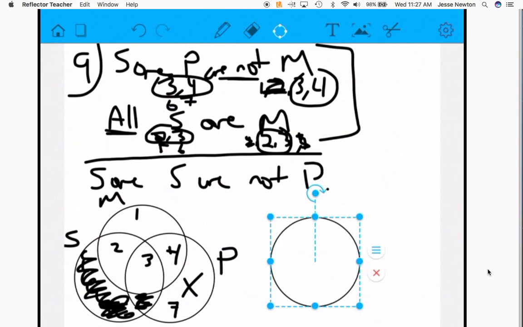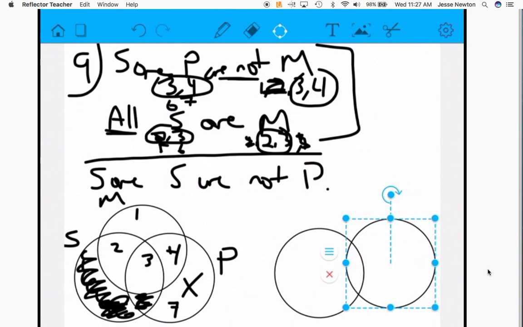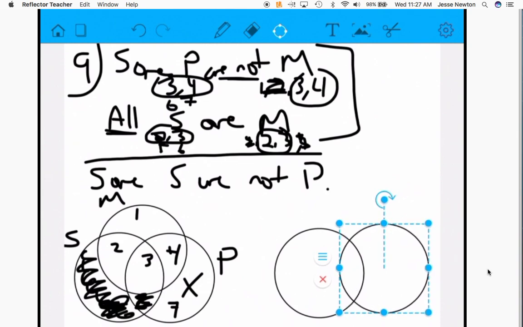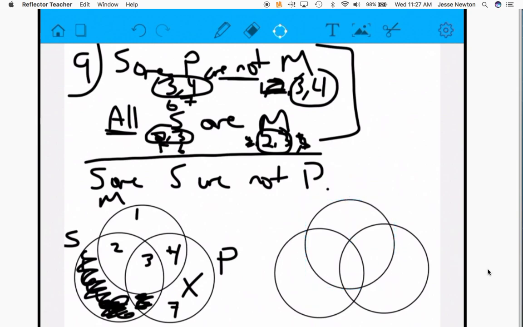Then we come over here and we're going to diagram our conclusion. And just as before, S, P, and M. 1, 2, 3, 4, 5, 6, 7. Again, I didn't do a good job of making those regions proportional. Doesn't really matter. Region S, 2, 3, 5, and 6.